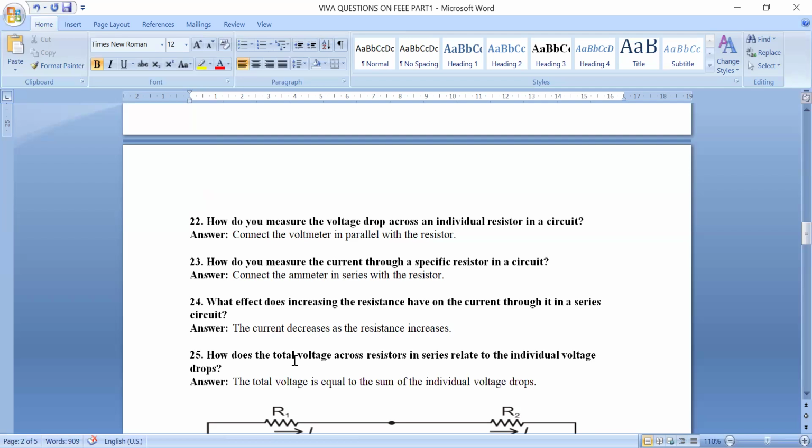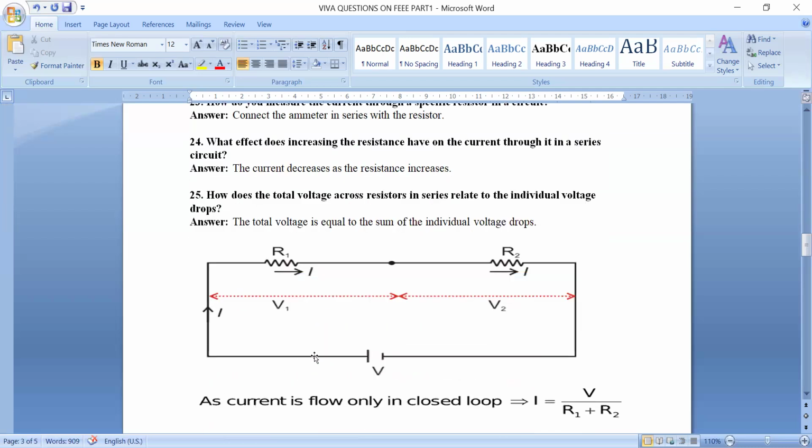How does the total voltage across resistors in series relate to the individual voltage drops? If you are connecting two resistors in series, what is the total voltage?